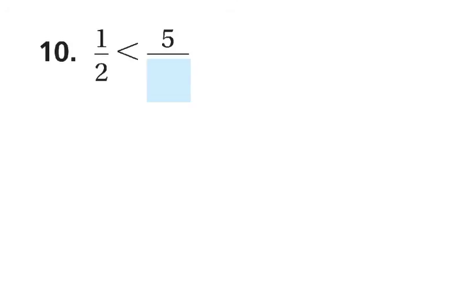So I would have to do a different denominator. What about 5/12? Because look, halfway point for 12ths would be 6/12. That would be equal to 1/2. So 5/12 is less than that.